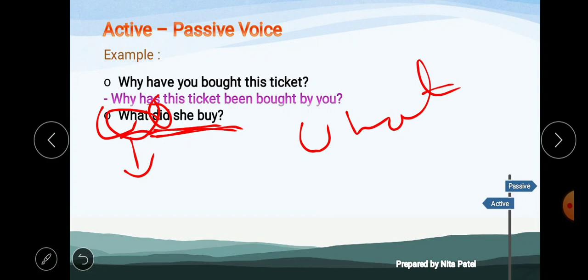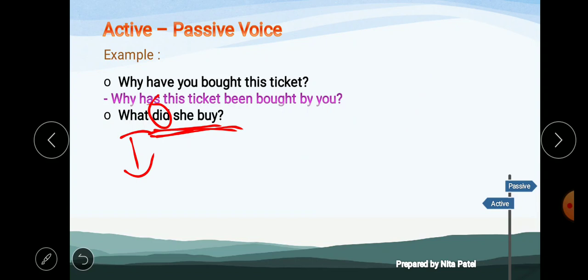Sometimes it may happen that the sentence has a second object, that is an indirect object. In that case we have to look for it. We'll see how to deal with the indirect object if there are any other second objects. So object is not given, so we will skip this object. So what was.